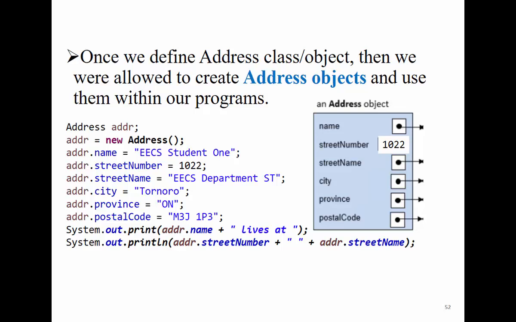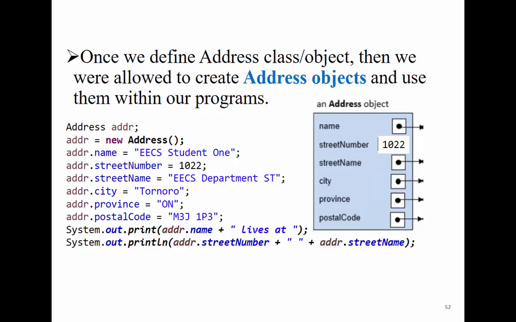I can change the street number directly without any method because the attributes are available for the user and the user can access these attributes directly. So just dot city and I can change the city. Okay? Dot province, I can change it directly.